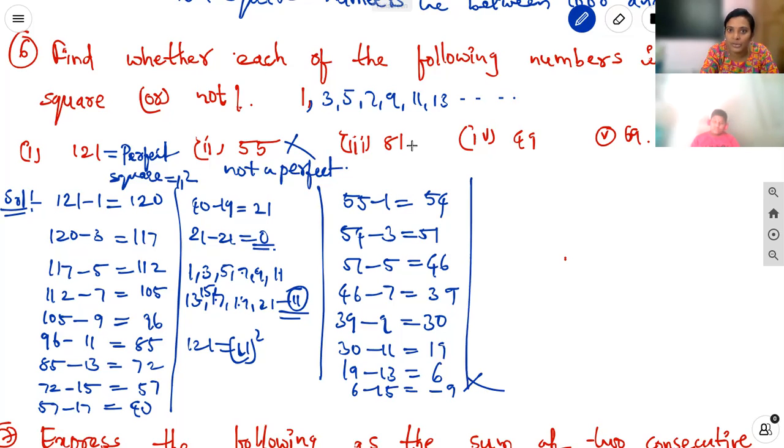Again, 81. We know that 81 is 9 squared. Is it possible or not?